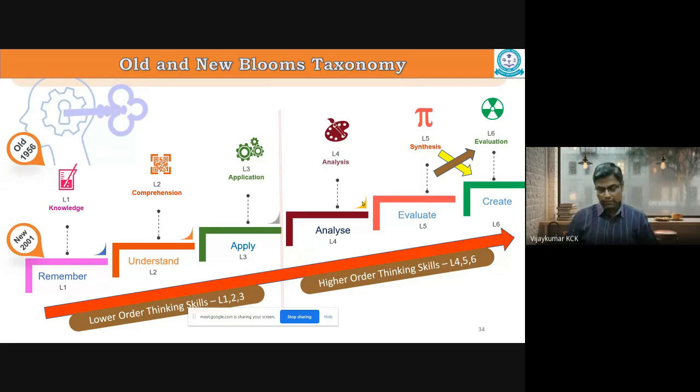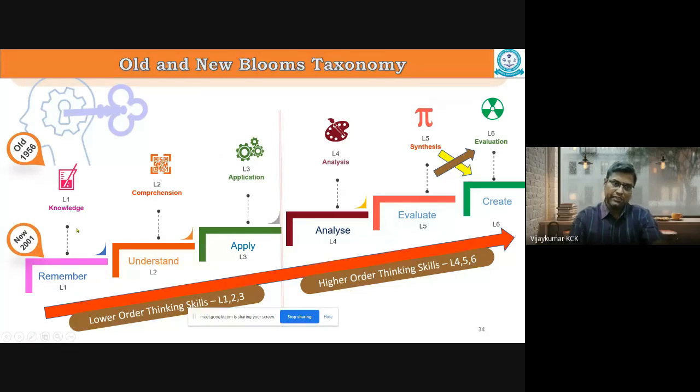Sorry. Whatever is given on the top side, that is knowledge, comprehension, application, analysis, synthesis, evaluation, is the old Bloom's taxonomy, which was advised in 1956. In 2001 it was revised, and we call it the revised Bloom's taxonomy.